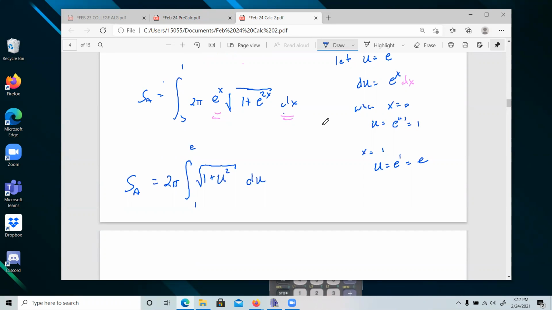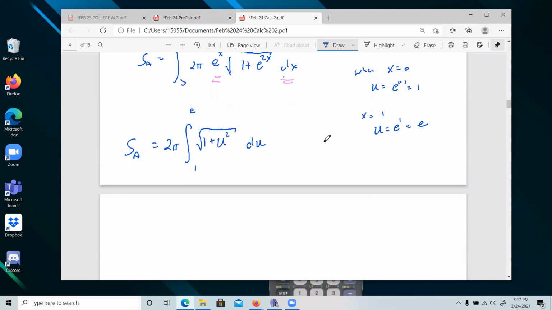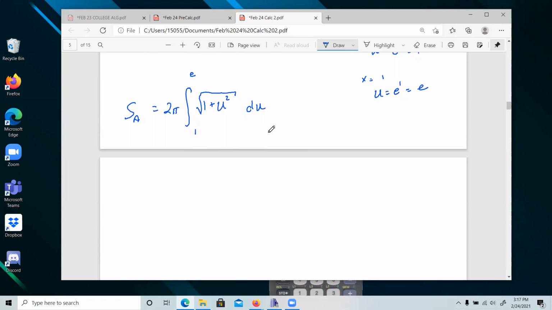If only there was a way to do integrals with square roots. Oh yeah, that's why we learned triangle integration. Because we're going to have theta, we're going to have u. Here's 1. Here's the square root of u squared plus 1.